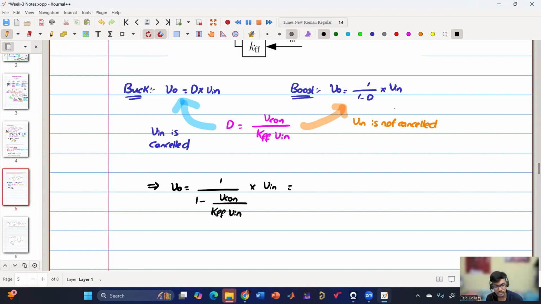Right? So if I simplify it, I'll get KFF into Vin square by KFF into Vin minus Vcon.